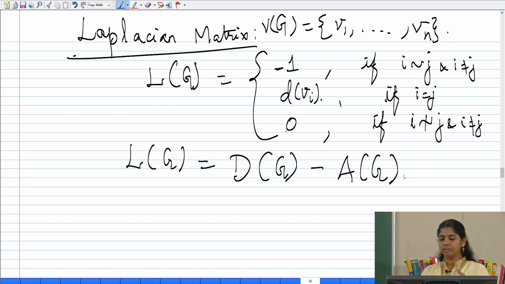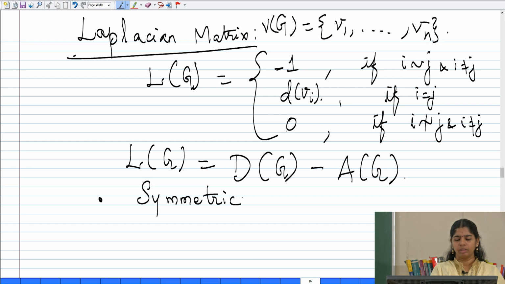If I give this definition, then it will be clear why I wrote that first. It is just to make you feel for the entries here. One thing we immediately observe is that L is symmetric. Any other observation that we can make?